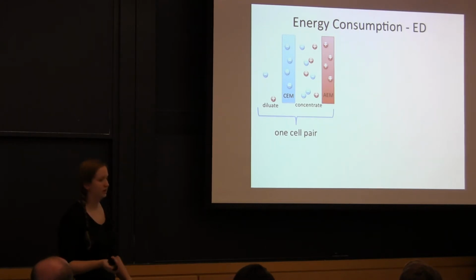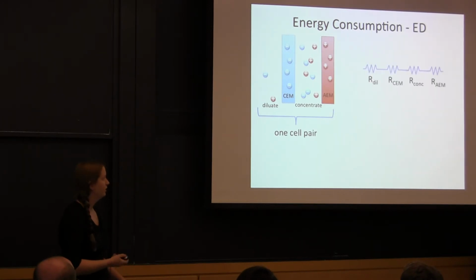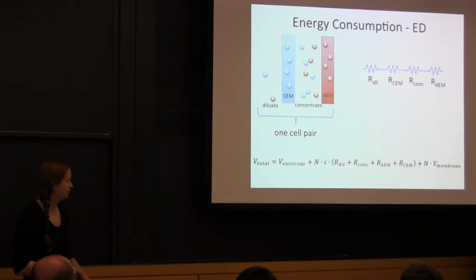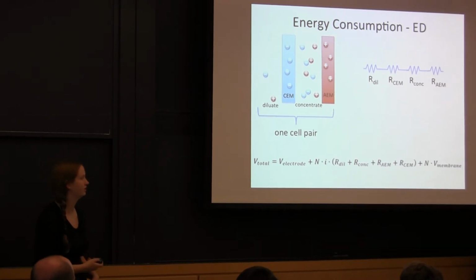If you look at the energy consumption of a single stack like this, you have one cell pair, which consists of two channels and two membranes. You can look at it like an electric circuit, so you have resistance across each of the two streams and the two membranes. And you have a voltage across it, which is given by the current density in amps per meter squared of membrane area times these resistances. There are also some other voltages in there I'm not going to get into.